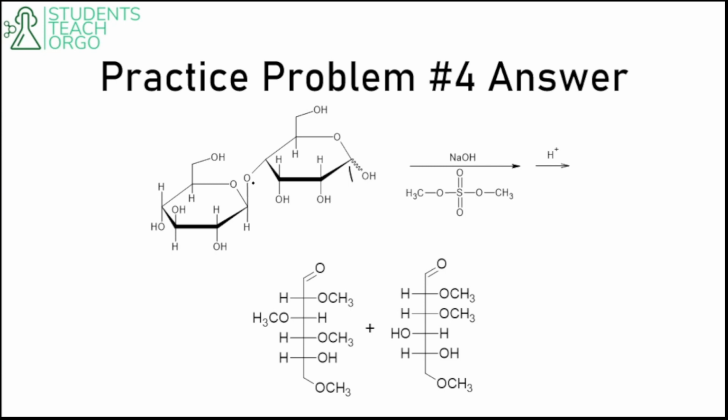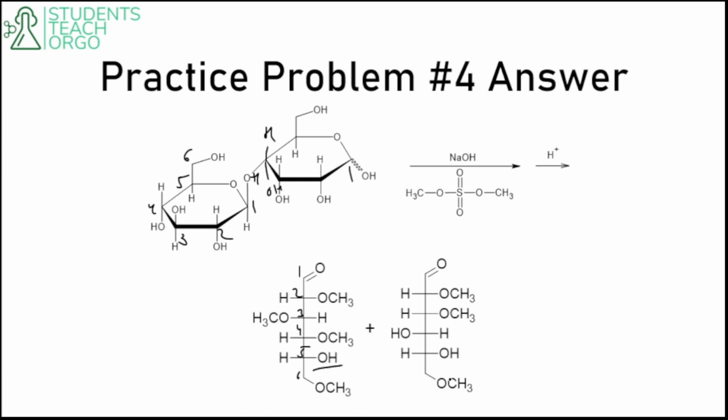So this is pointing up, so I'm going to draw this as OH. And then this is pointing down, so this OH is going to point down. So in this case, for the anomeric carbon here, it doesn't really matter because it's the aldehyde. So I'm only going to have one OH here, and that's this one that is non-methylated.